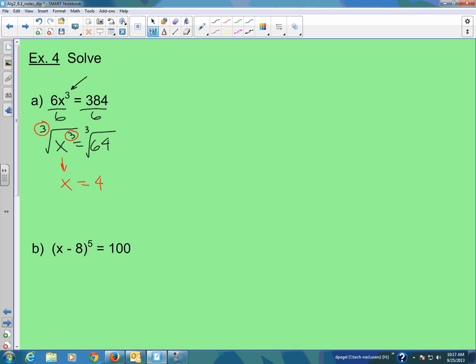Now another way you could have looked at this, thinking about fractional exponents, is that we always try and make our powers 1, since x to the first just gives us x. So I could do this too. I could raise to a fractional power, the reciprocal here. That gives me 3 times 1 over 3. I'm using my exponential properties right now, the power of a power property.